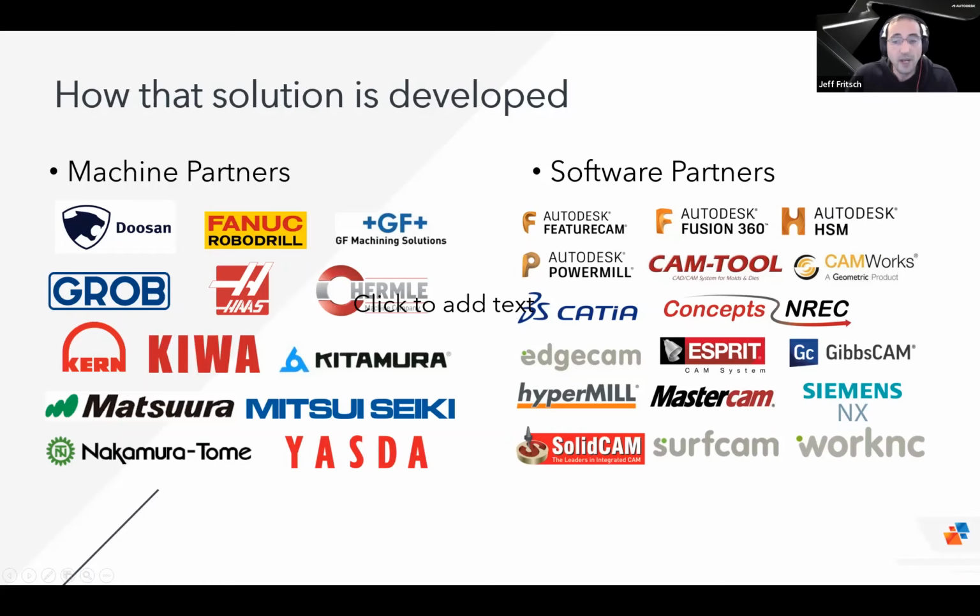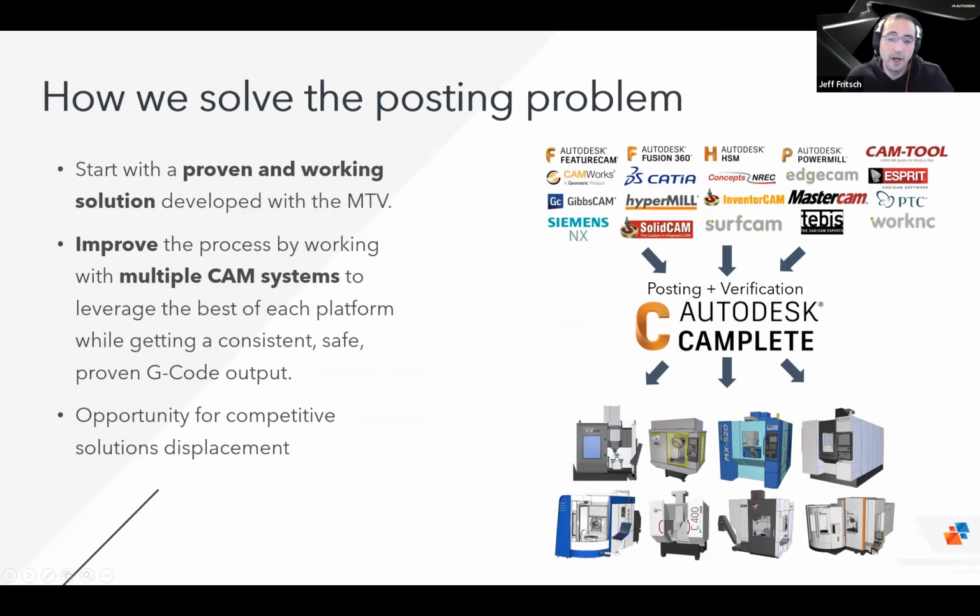So in that instance of having multiple CAM systems supported, this is where we can become that centralized point where the software has the ability to run from multiple CAM system inputs. So whether you're running Fusion, PowerMill, FeatureCAM, Mastercam, Esprit, hyperMILL, it doesn't matter.